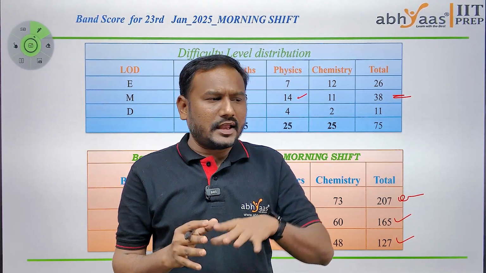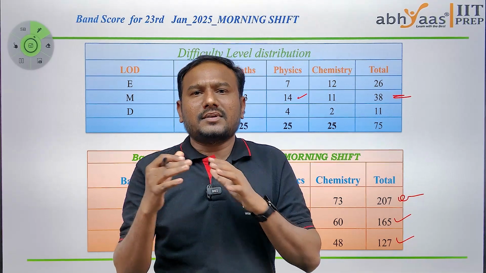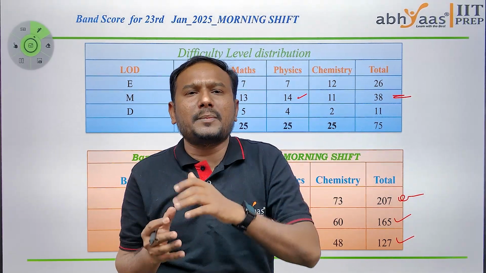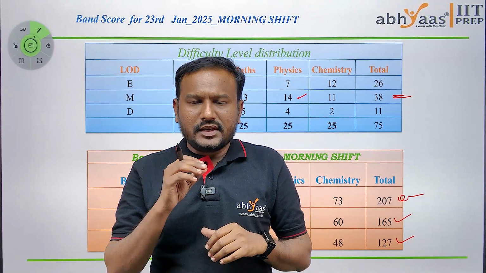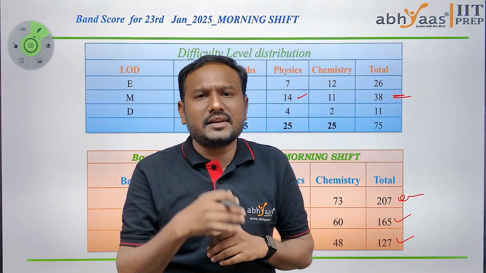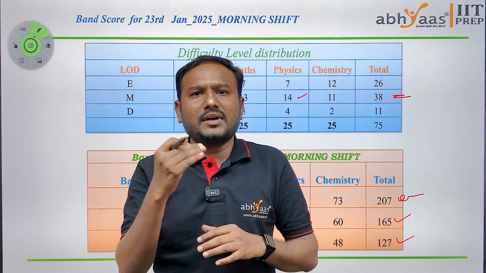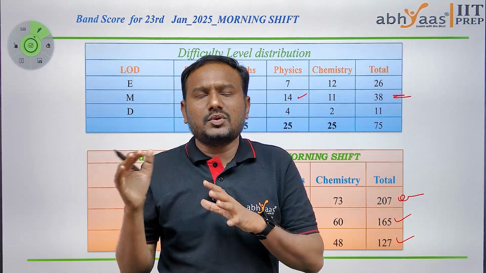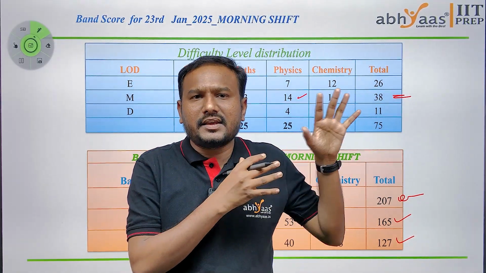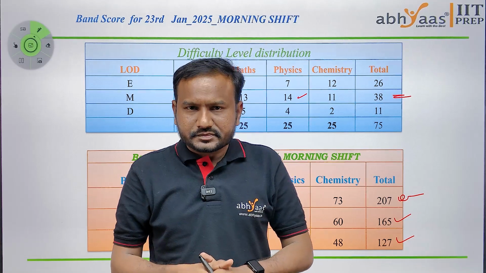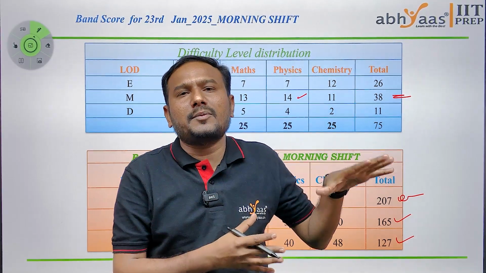Comparing paper 1, paper 2, paper 3, questions are getting a little more difficult, moving from easy to moderate. So overall the paper is a moderate paper only, we can't say it's easy.